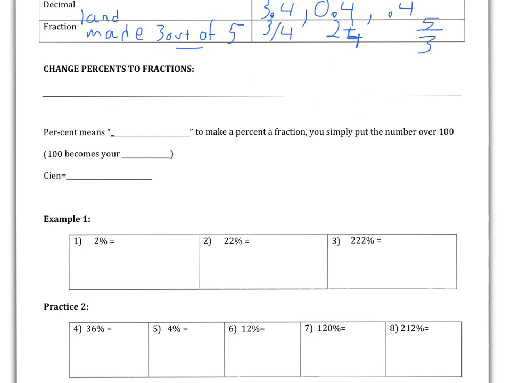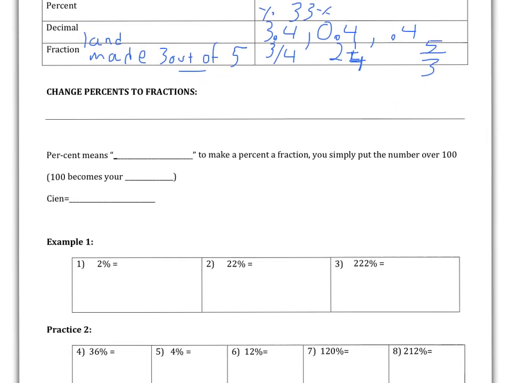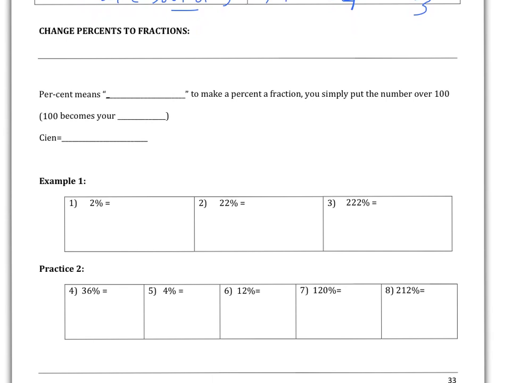Okay, the first thing, let's go back up. Percent means out of 100. So to make a percent a fraction, you simply put the number over 100. 100 becomes your denominator.